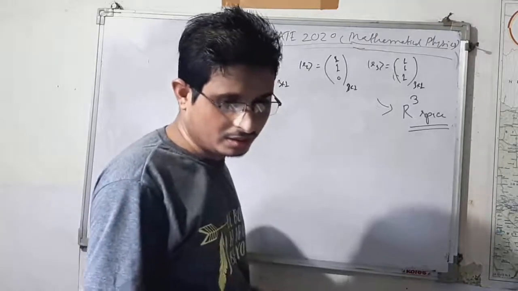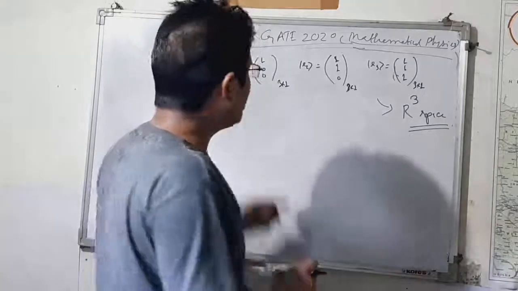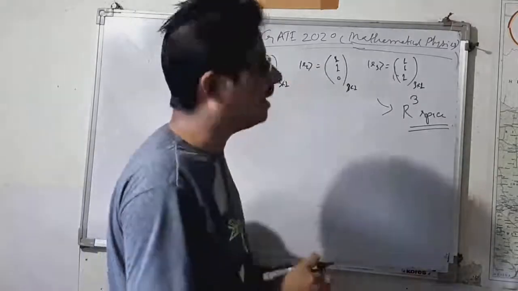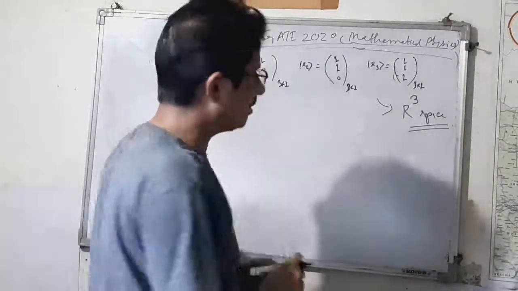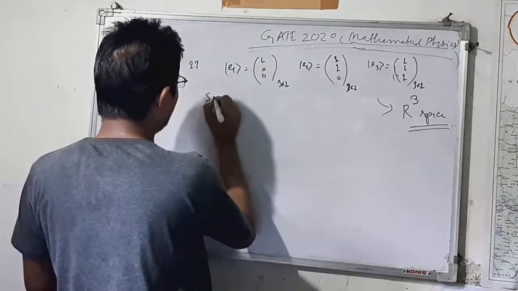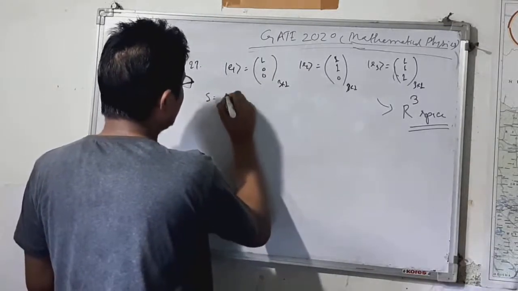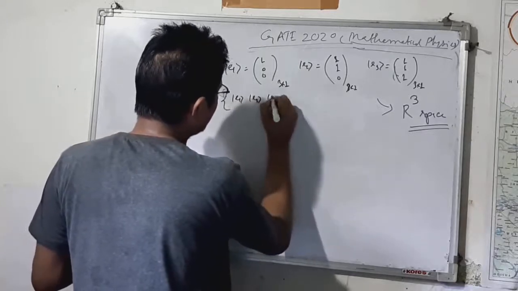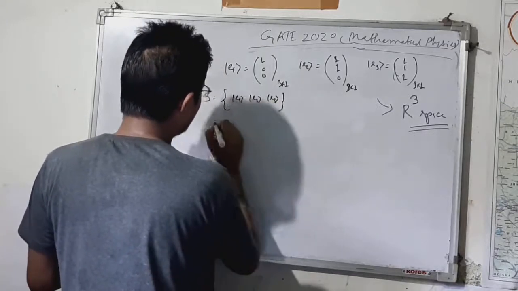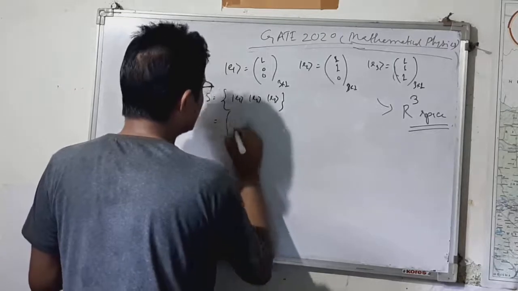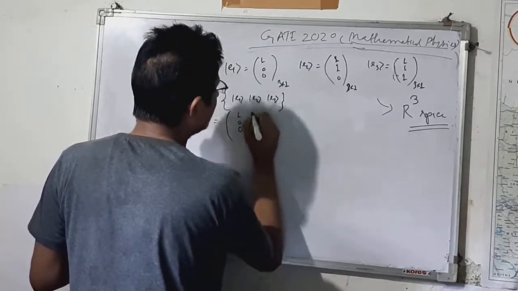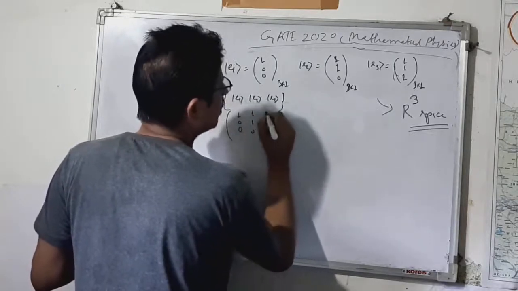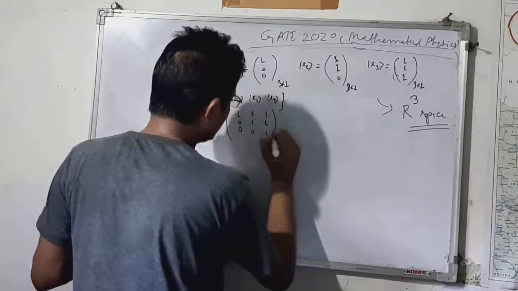At first, check if e1, e2, e3 are linearly dependent or independent. For this we have to find S. S is simply e1, e2, e3, so it is 1 0 0, 1 1 0 and 1 1 1.